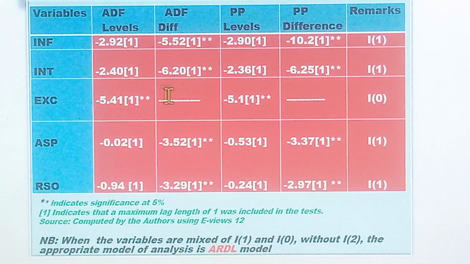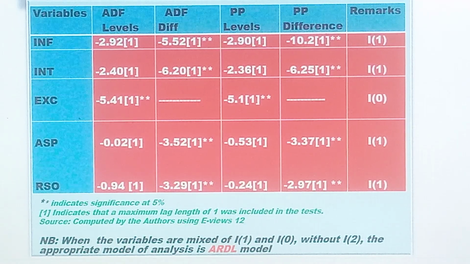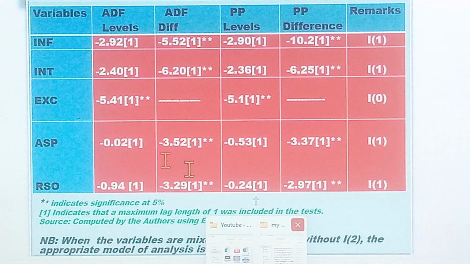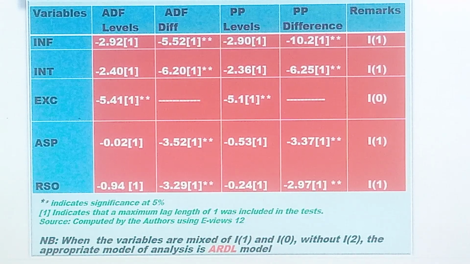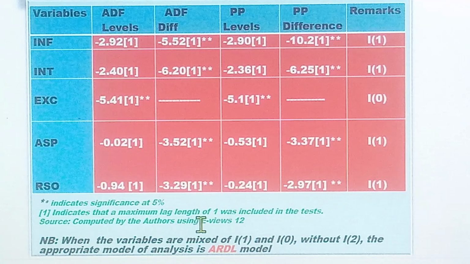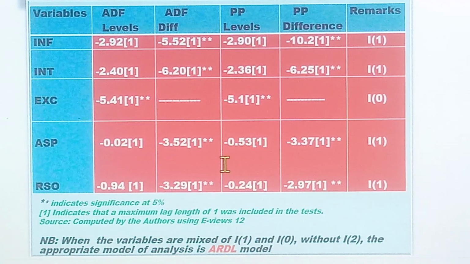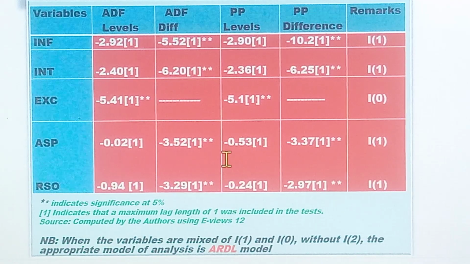So what is the ruling on this? When the variables are a mix of I(1) and I(0) without I(2), the appropriate model of analysis is autoregressive distributed lag model. Remember that having I(1) and I(0) is just a necessary condition.